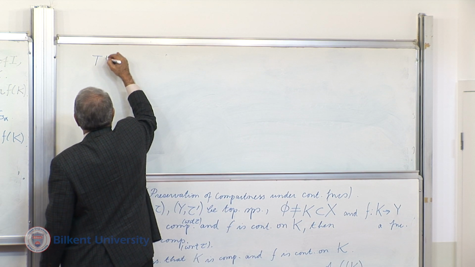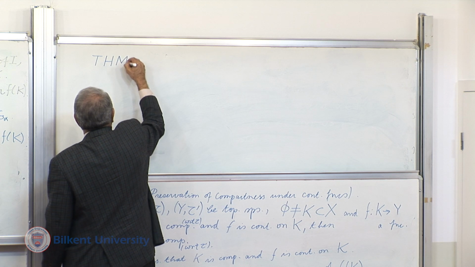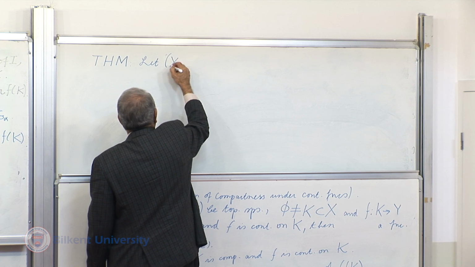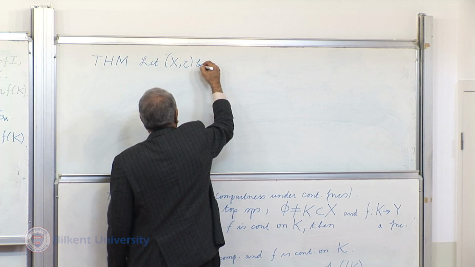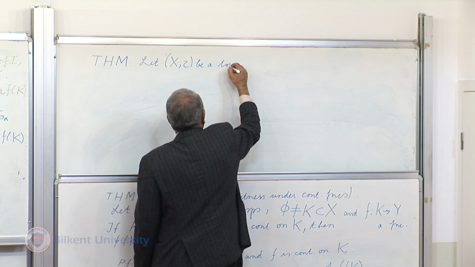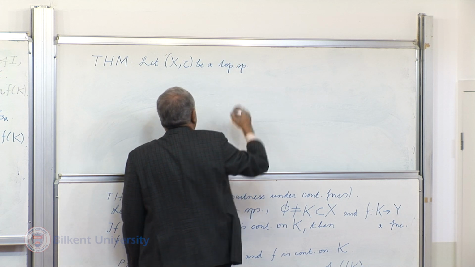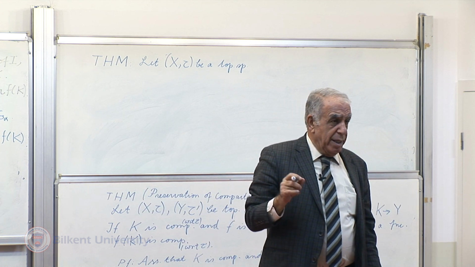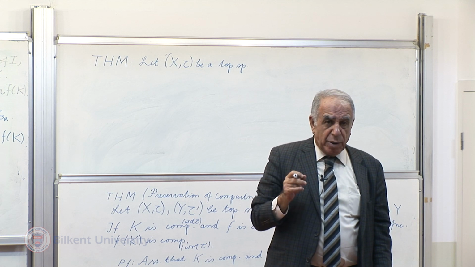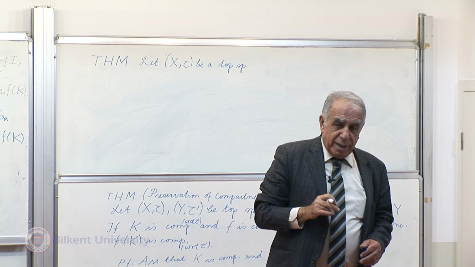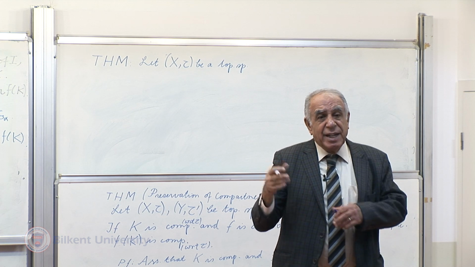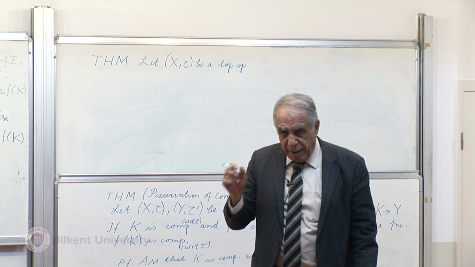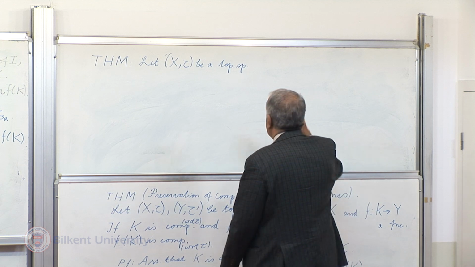Theorem: let (X, tau) be a topological space. Here, the second topological space will be R under its usual metric, because we will consider optimization of real-valued functions, the existence of maxima and minima of real-valued functions.